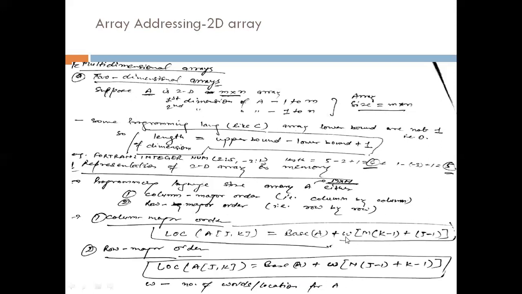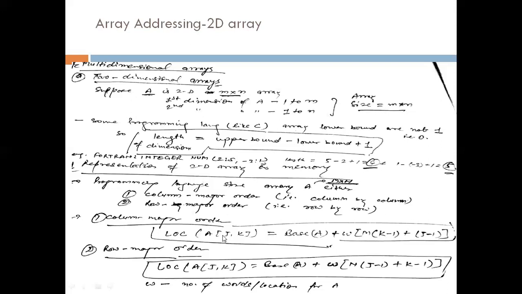So base address plus W multiplied by the number of elements already stored before it, that is, the elements already stored in memory.